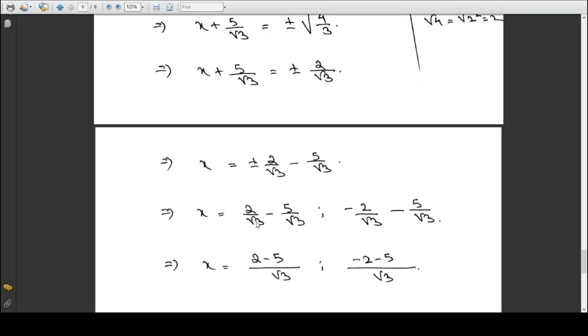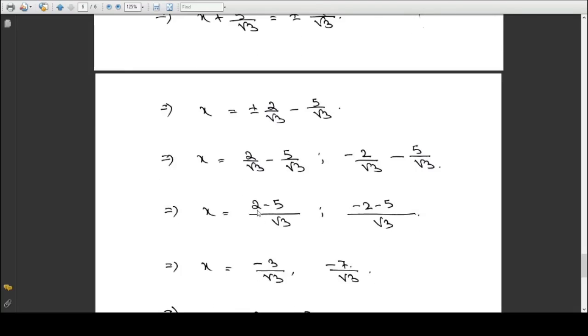Root 3 by root 3 is 1, 1 multiplied by 2 is 2, minus the same thing here, root 3 by root 3 is 1, 1 multiplied by 5 is 5. On the second value also, the LCM is root 3. When you divide, you will get 1, 1 times minus 2 gives minus 2. Here also, when you divide the LCM by the denominator, you will get 1, 1 multiplied by 5, you will get 5.